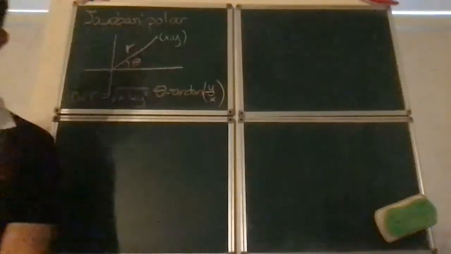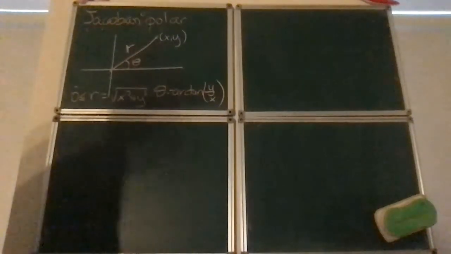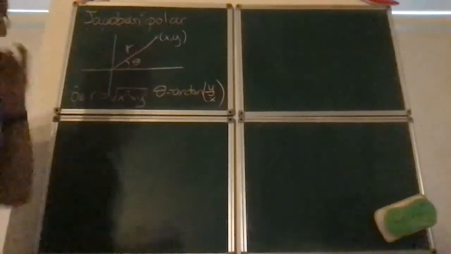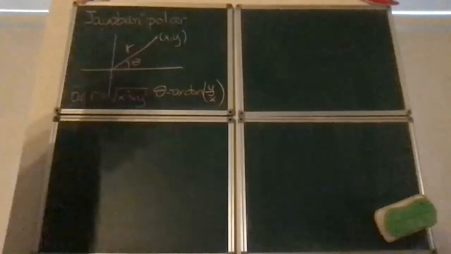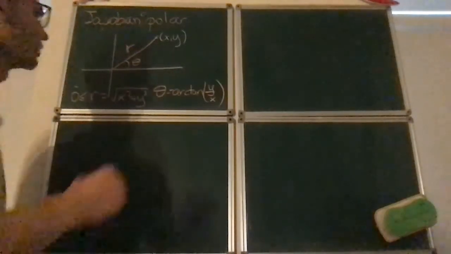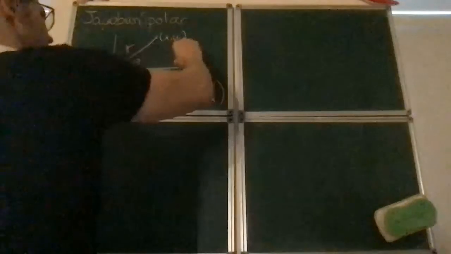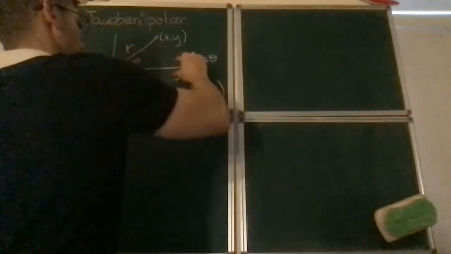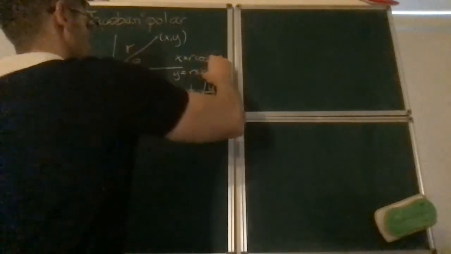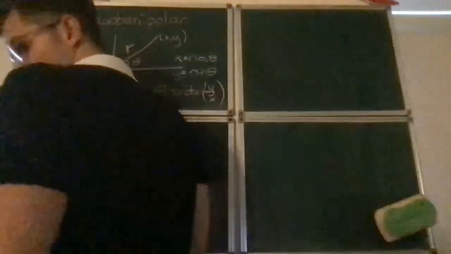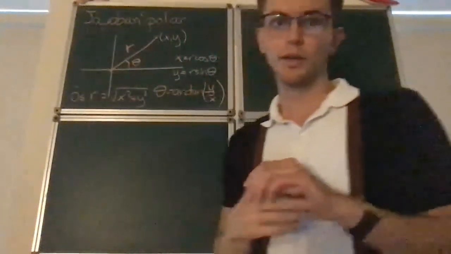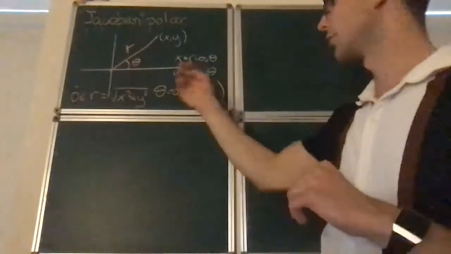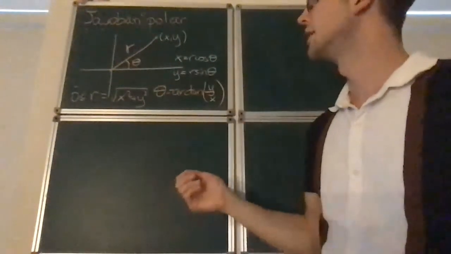Or if you prefer, you can also write them the way you typically do, which is that x equals r cosine of theta and y equals r sine of theta. Okay, so that's what polar coordinates look like.